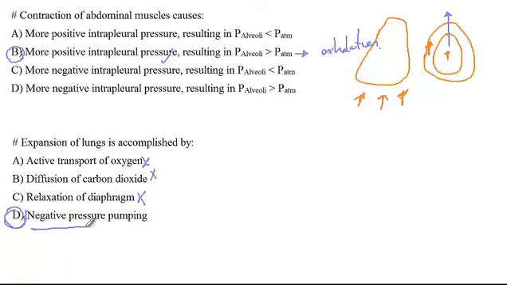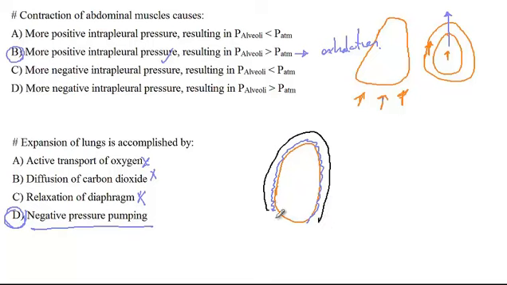So what happens when there is expansion of the chest wall? Here we have the lungs that are connected with the intrapleural space to the chest wall. And then we have the diaphragm at the bottom.